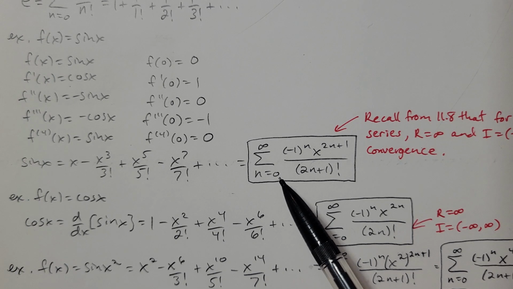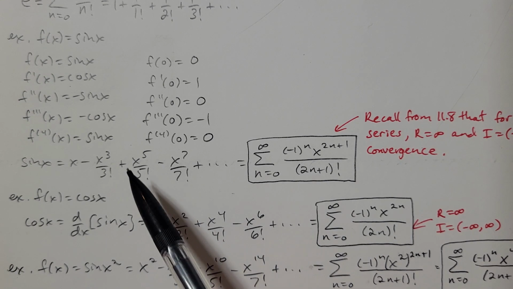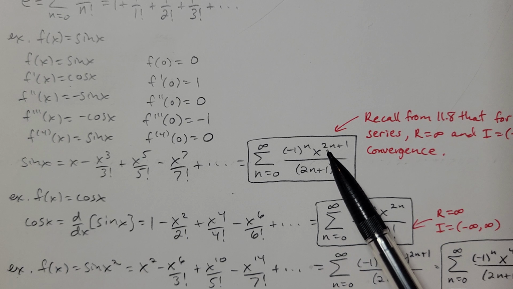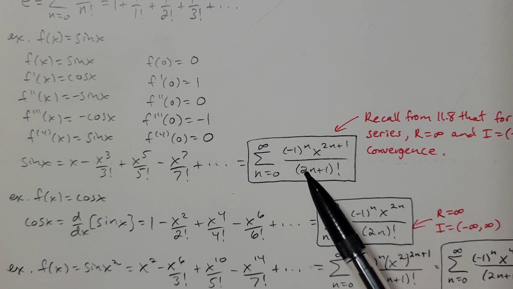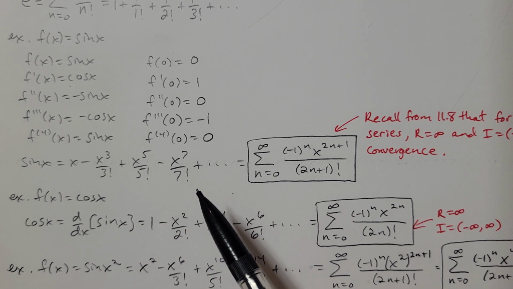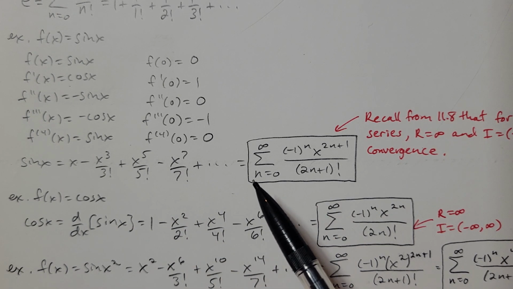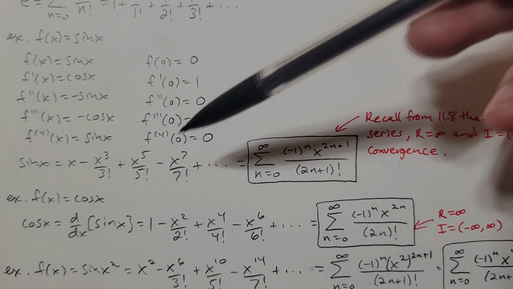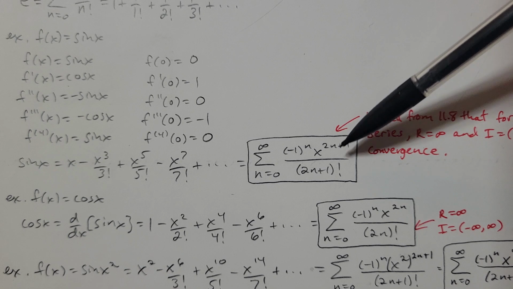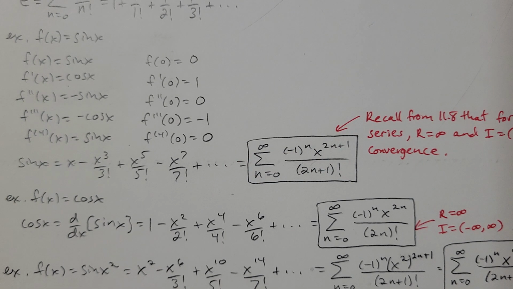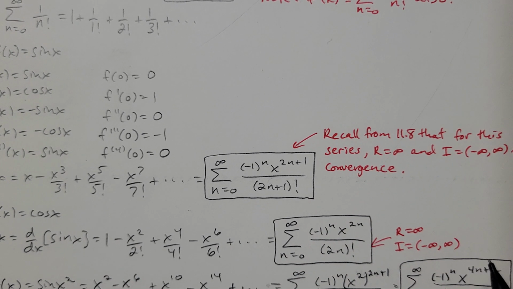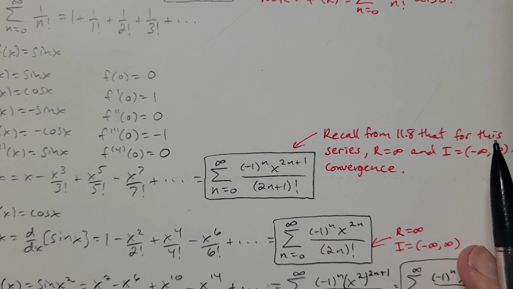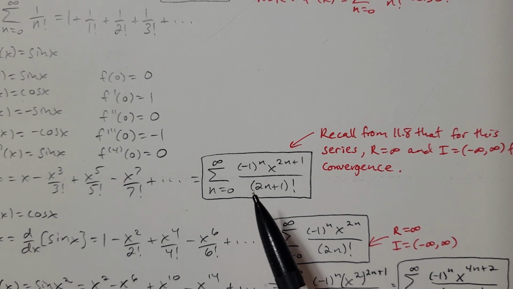When n is 2, it's going to be plus x to the 5th divided by 5 factorial. That's good. When n is 3, you're going to have minus x to the 7th divided by 7 factorial, plus etc.